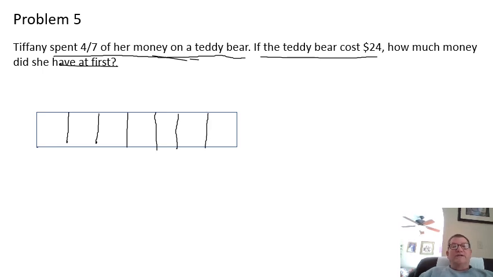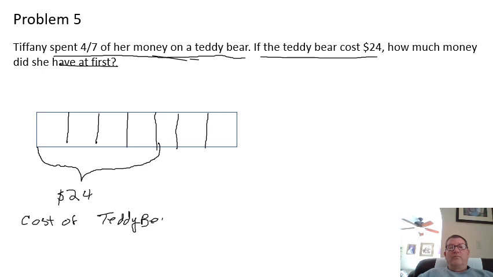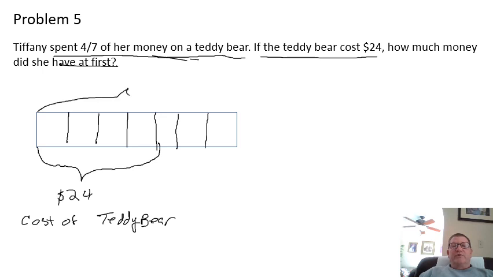Now it says that 4/7 of it here was $24, and that was the cost of the teddy bear. Now I'm looking, because they want to know how much money she had at first. We're looking for the total amount up here.